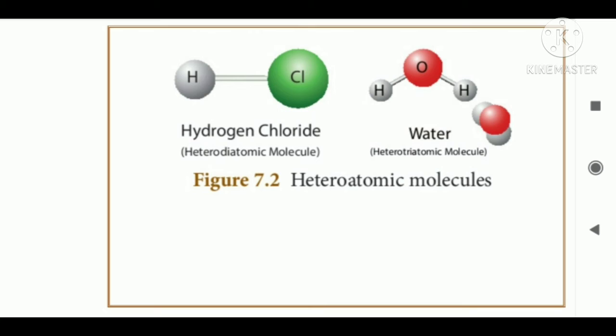Hetero means different atoms attached: hydrogen and chlorine, so it is a heterodiatomic molecule. Another example is the triatomic molecule: number of hydrogen 2 and number of oxygen 1, so the total is 3. That is a triatomic molecule.